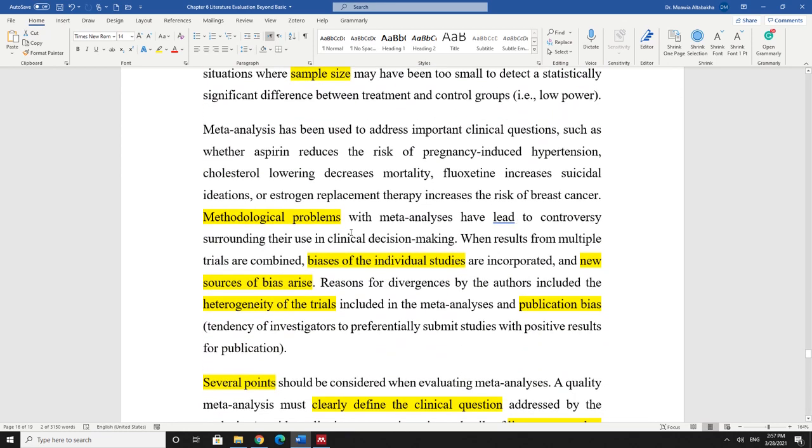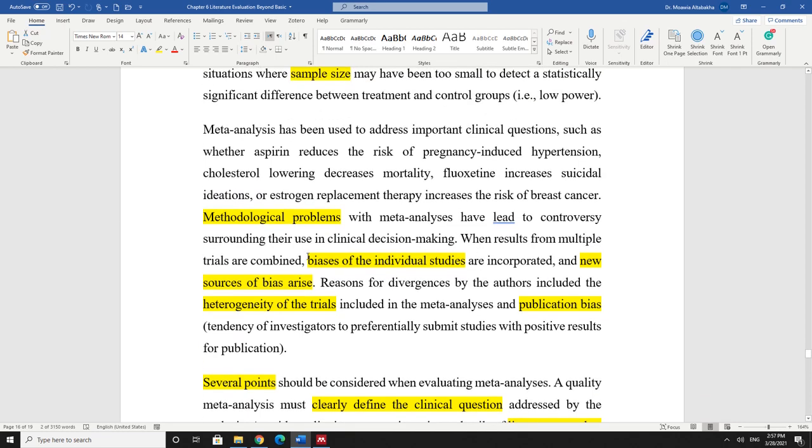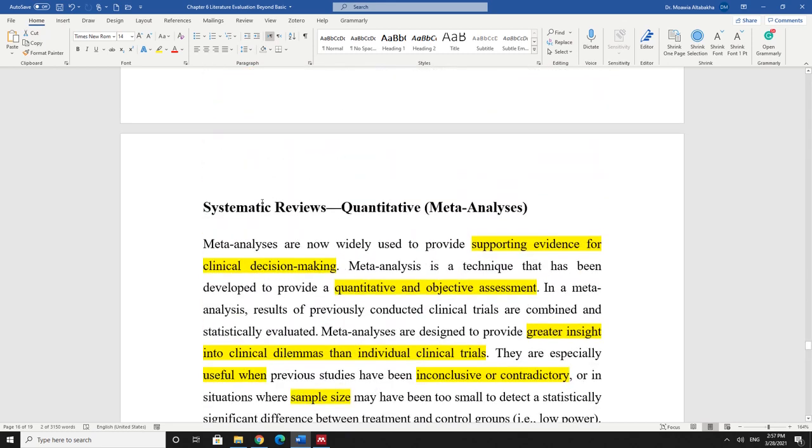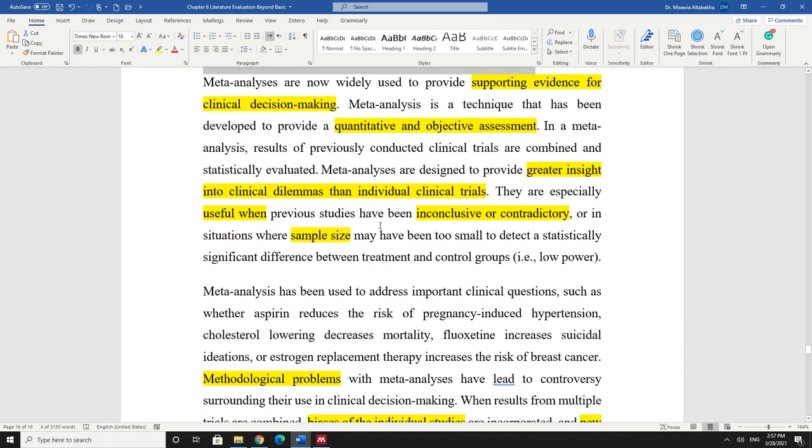I think I've talked about most of these things, but the important thing regarding the quantitative or meta-analysis reviews is that they provide supporting evidence for clinical decision making. This is very important.